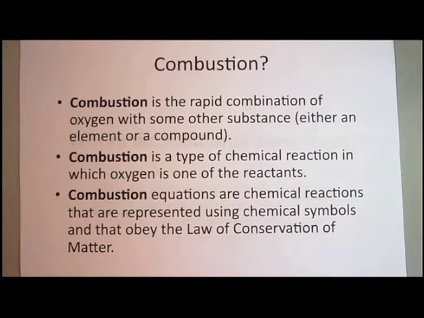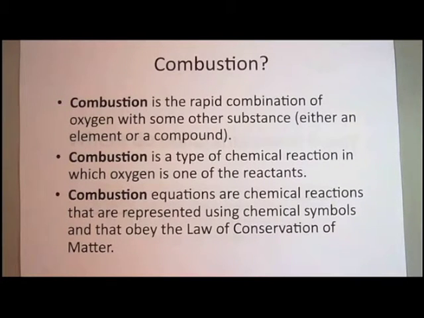Actually, there are many different types, and you can identify the types by looking at the reactants and the products. Remember, the reactants are on the left-hand side of the arrow, and the products are on the right-hand side of the arrow, and you're looking for a change. The total number and type of atom of each element is going to be the same across the reaction. There's just going to be a rearrangement.